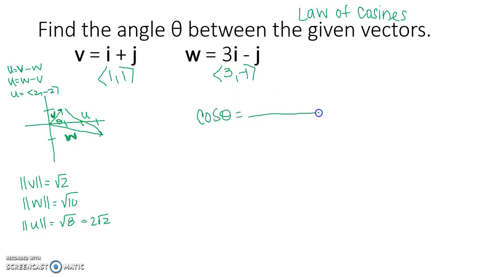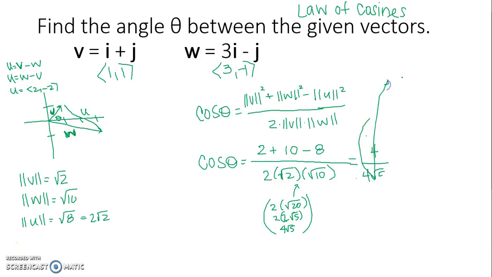It's the length of the two sides next to it, so that'd be the magnitude of v and the magnitude of w, those are squared and added, minus the magnitude or the length of the side across from it, which would be u squared, all over 2 times the magnitude of v times the magnitude of w. Go ahead and plug those in and see what you get.